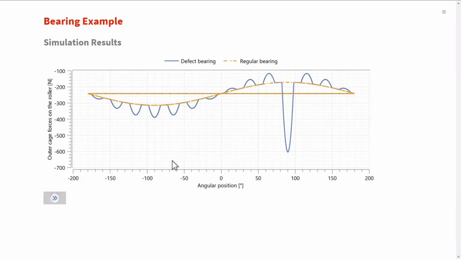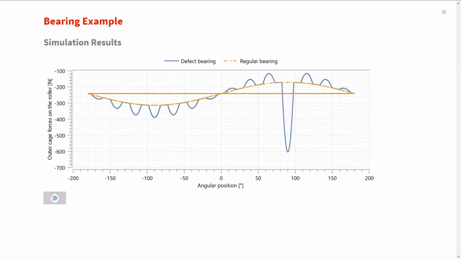Notice how the forces of the regular bearing behave in the expected pattern, increasing when the rollers get between the load and outer cage and decreasing as they move away. Here they increase in amplitude, and at this position they decrease in amplitude, because when they rotate 90 degrees they move away and get to the top.